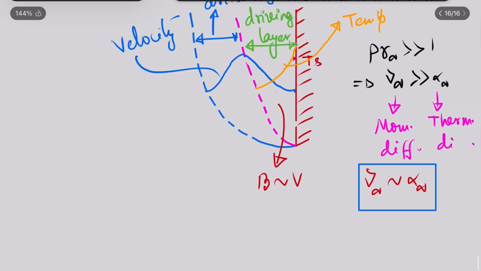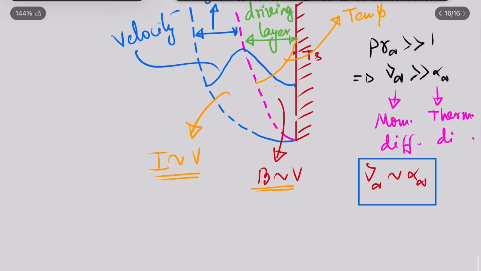In this layer we don't have any buoyancy force, so inertia force will compete with the viscous force. And after this point both the temperature and velocity are at the reference state. So velocity is 0 and temperature is at the reference value.